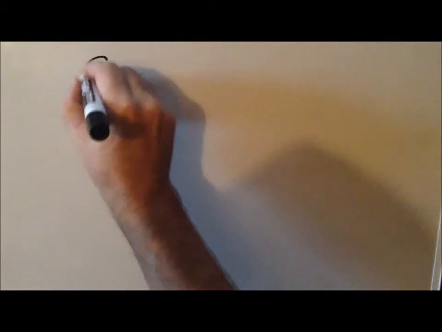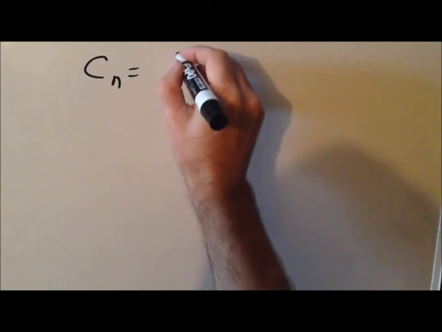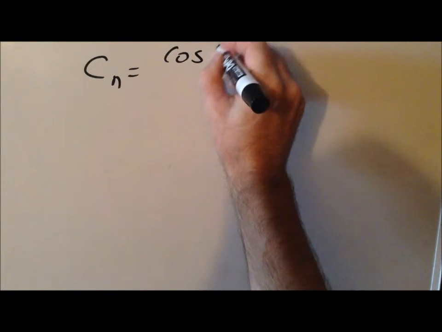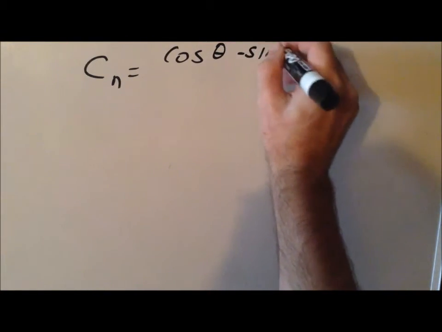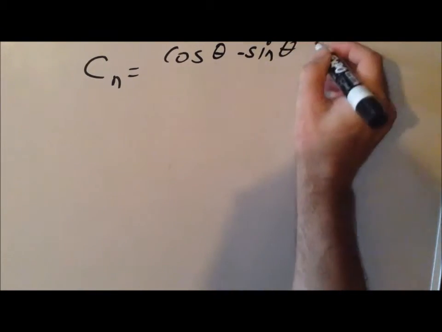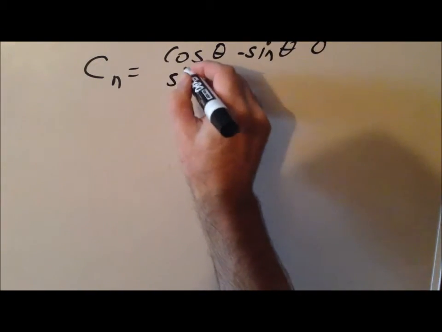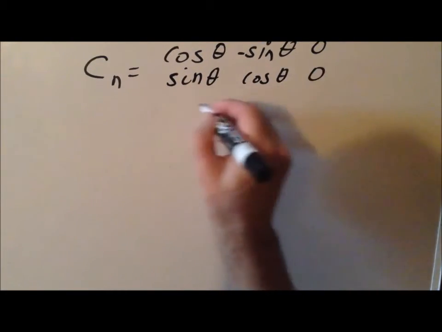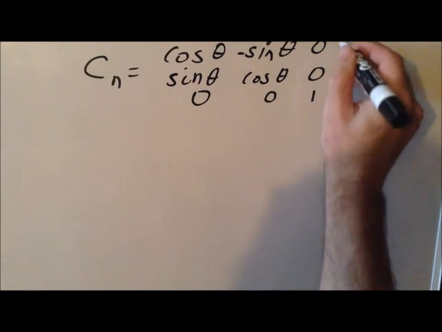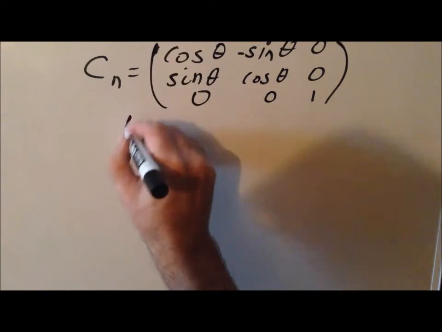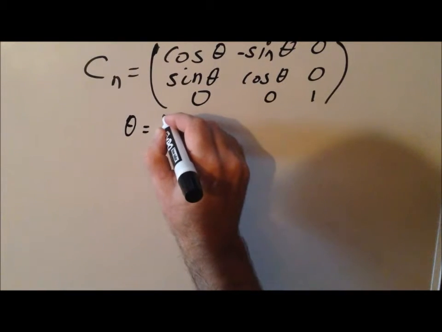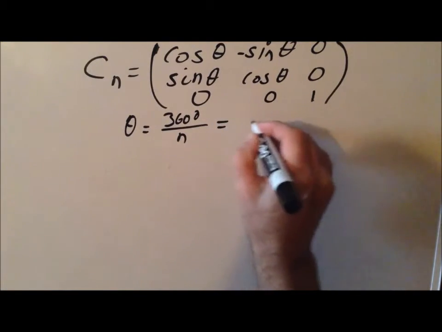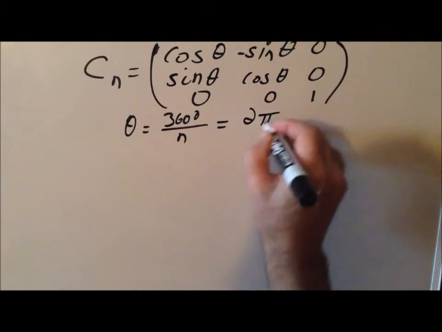So as a reminder, recall that Cn is equal to this matrix, where the angle theta is equal to 360 degrees divided by n, or in terms of radians, 2 pi divided by n.